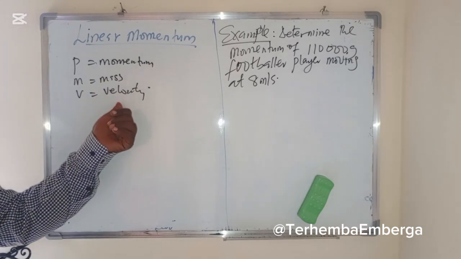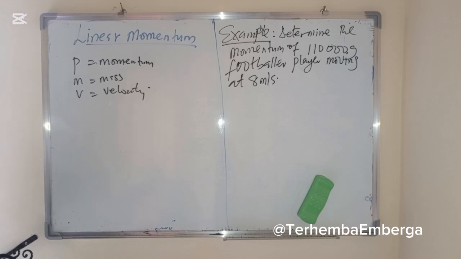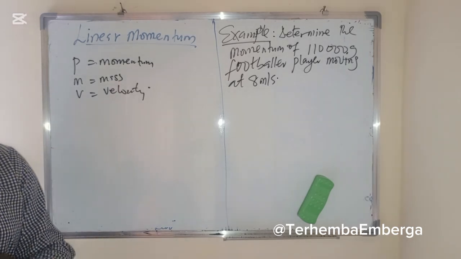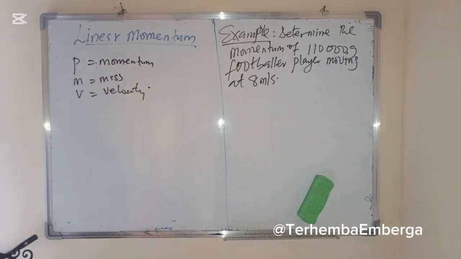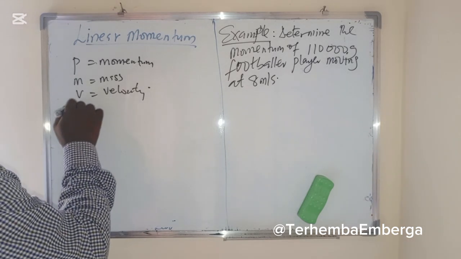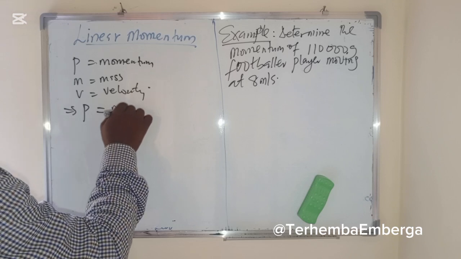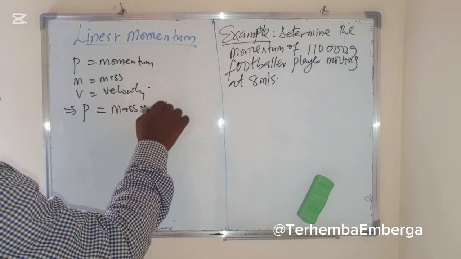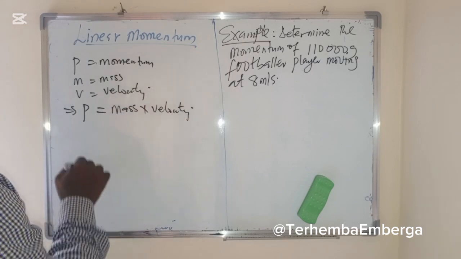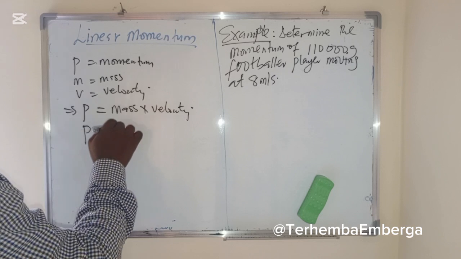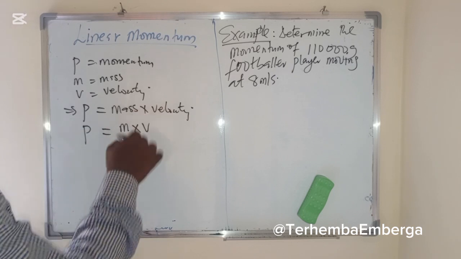Remember, for velocity, we have what we call the final velocity and the initial velocity. And the difference between the two is what we call change in velocity. So we can define momentum as mass times its velocity, which we can say that P is equal to M times V, or mv.